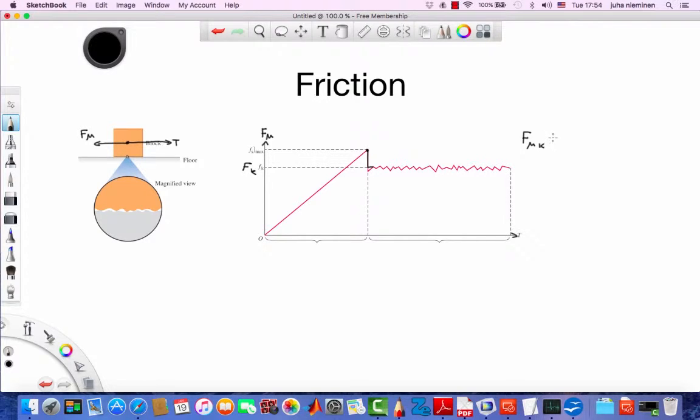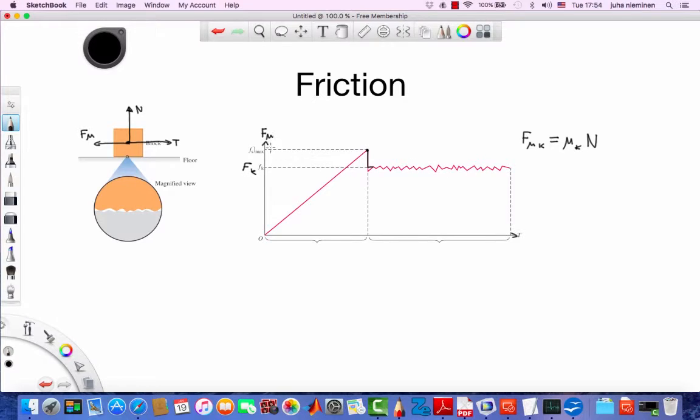So friction force kinetic is modeled as some friction coefficient in the kinetic case times the normal force acting on the box. And the normal force is the one that supports the box on the surface, and it's usually equal to the gravity acting on the box. So this is pretty straightforward.